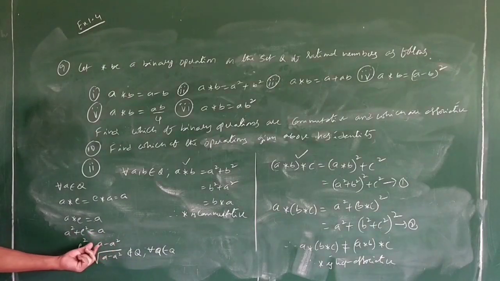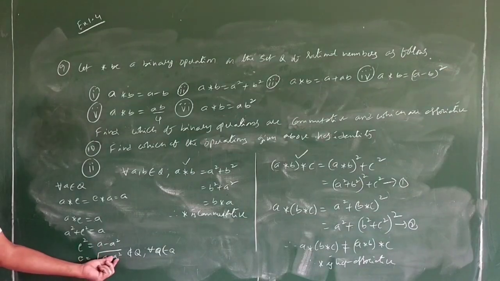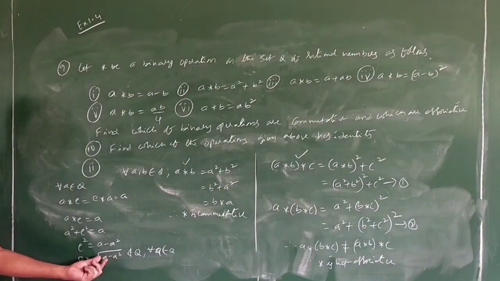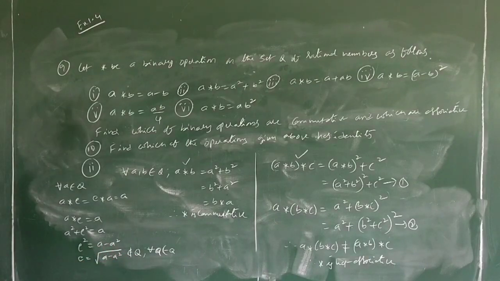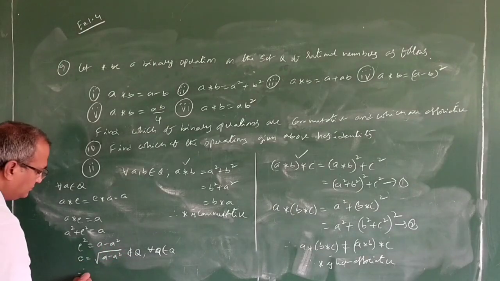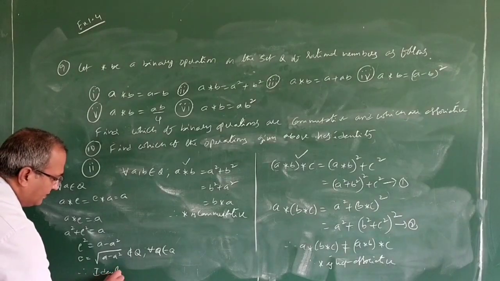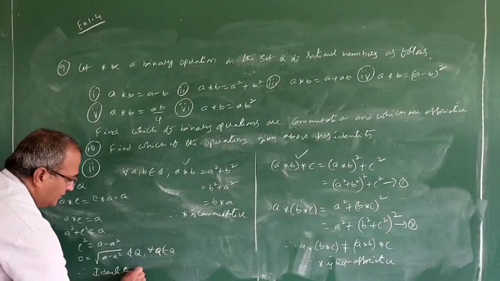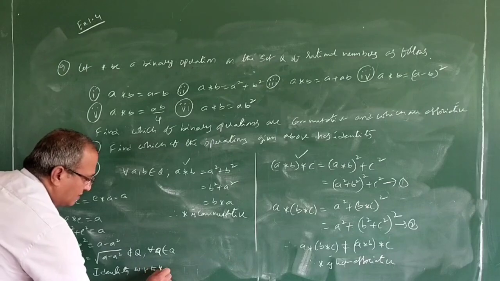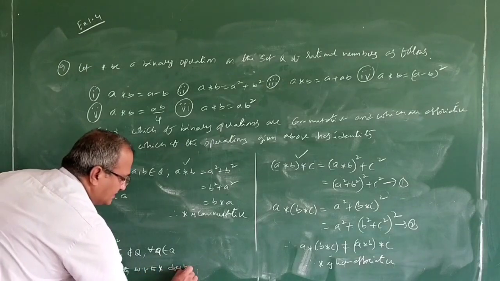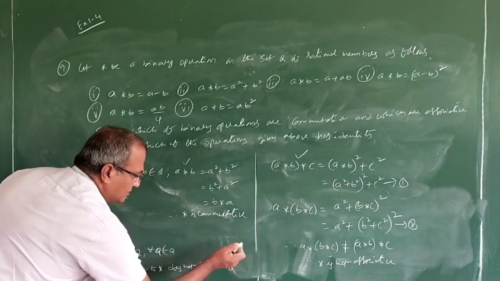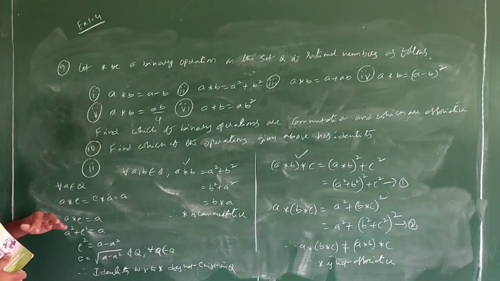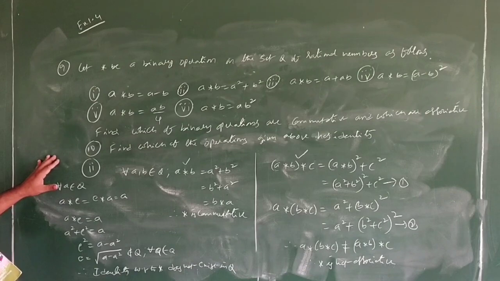So when you take 2 minus 4, negative means it will become a complex number, it won't be in Q. Therefore, identity with respect to star does not exist. So identity is not there according to this operation. Okay, now next.